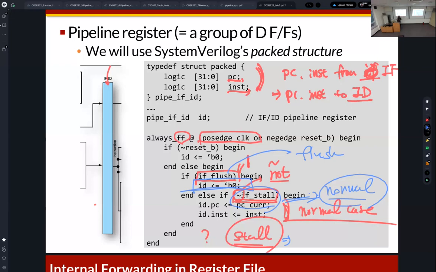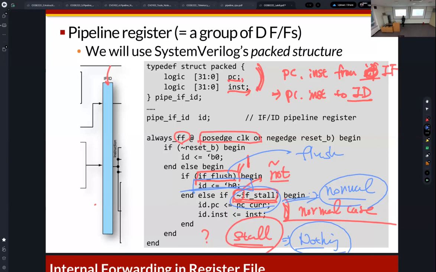You follow me? So nothing. Which means that for the stall case, id.pc and id.inst are not changing.